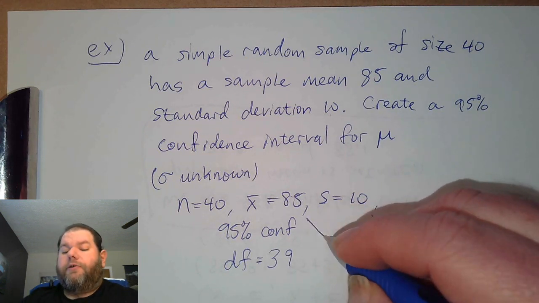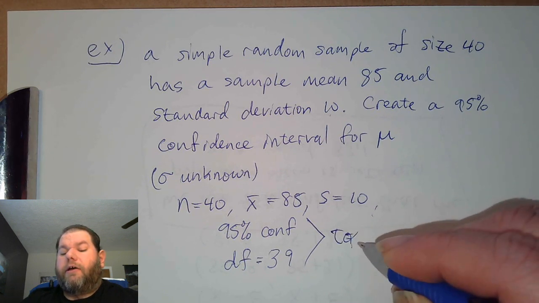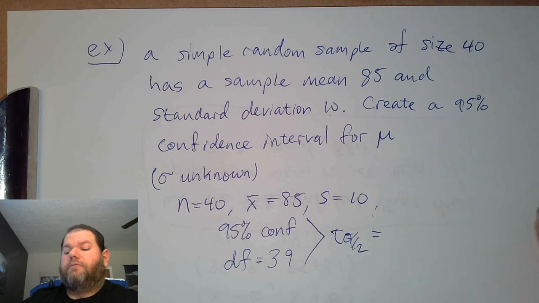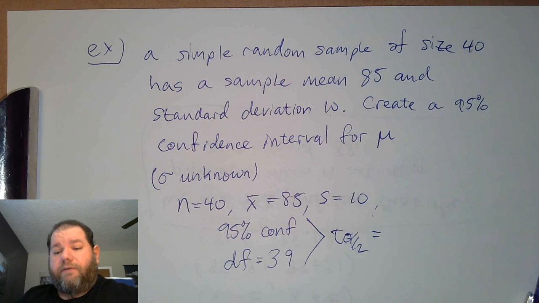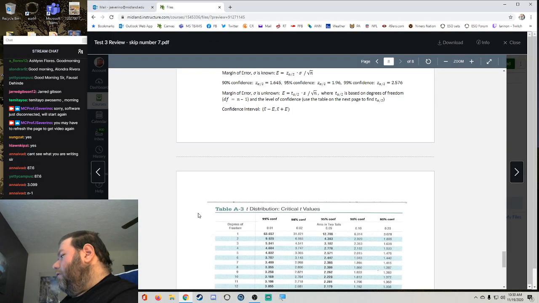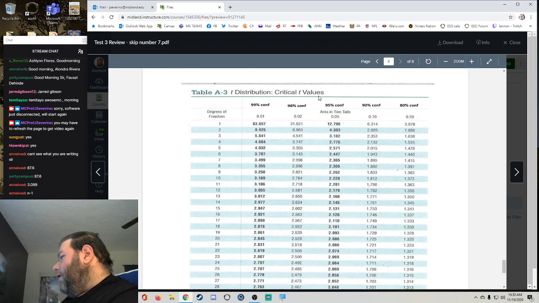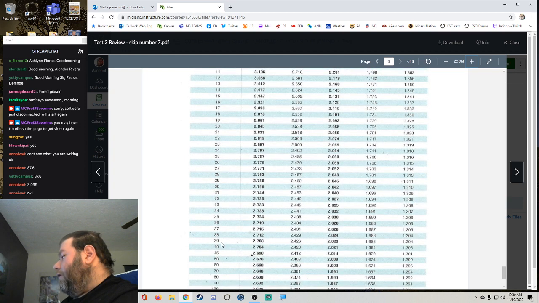So we want to go to our table and look up this value for t alpha over 2. So 95% confidence and 39 is our degrees of freedom. Now 95, that's our middle column right down the middle. So we go down to 39 and go over to the middle, and we see a value of 2.023.